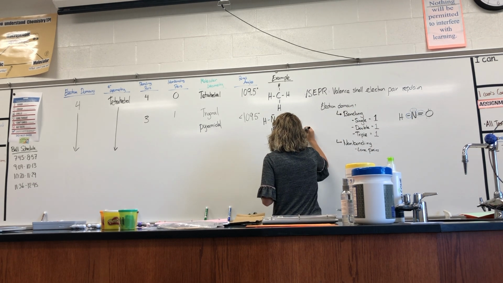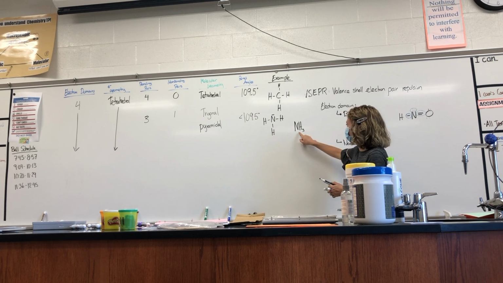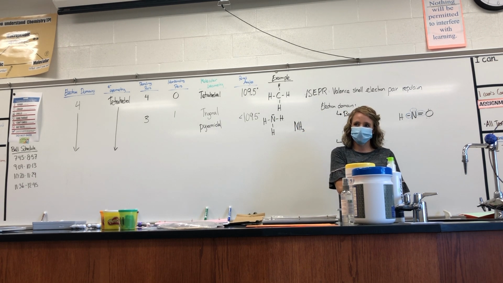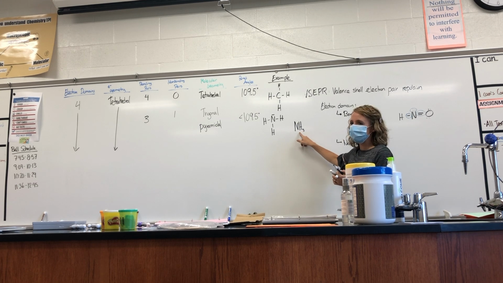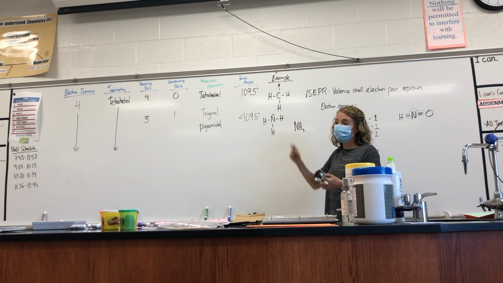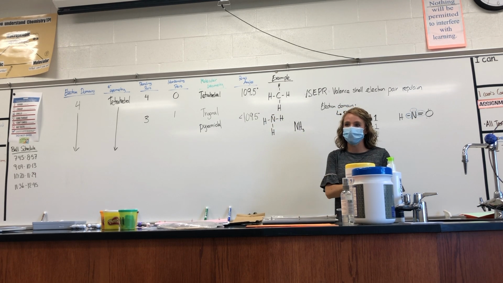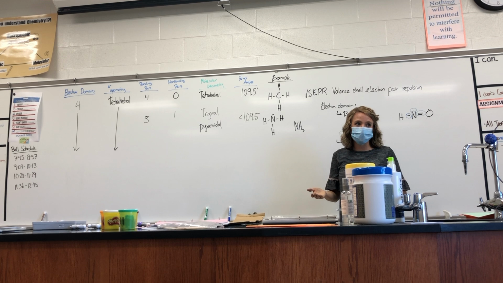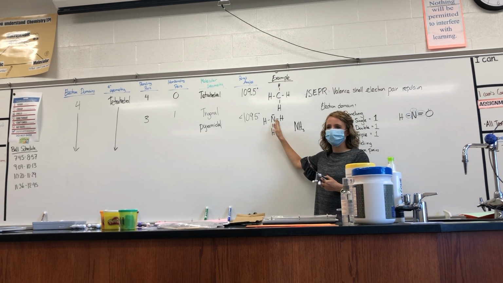You can get very off by just going from a formula and trying to tell me the geometry. Because the thing the formula doesn't show you are the ghost. But the ghost drastically influences the shape. Very often I've seen students just see this and be like, oh, well, there's 3 things, so it's going to be trigonal planar. It might be right, but you're taking your chances by not drawing the shape out.